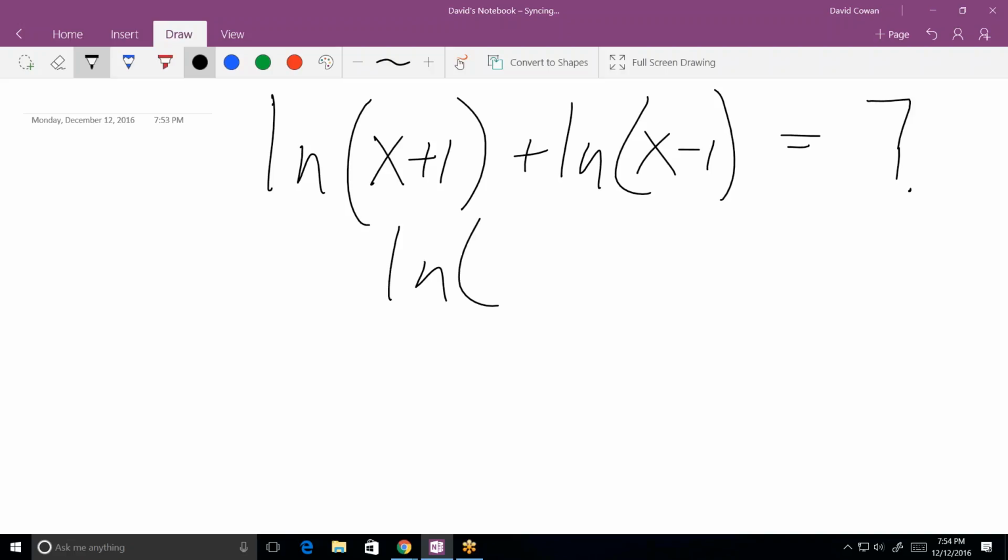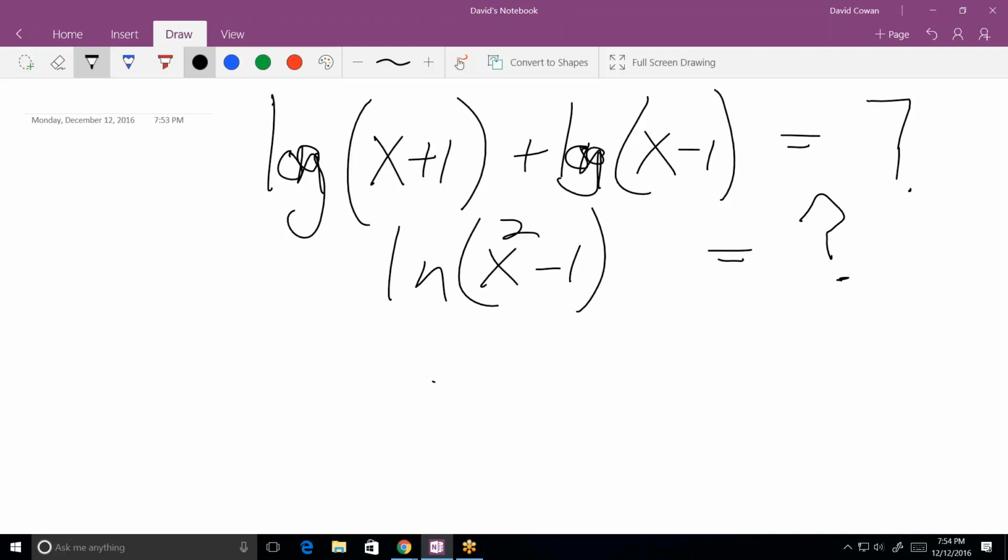So if I went to solve this, it would be e, and let's make this common log. So it'll be 10 to some power equals x squared minus 1.